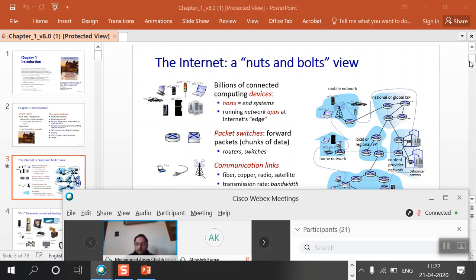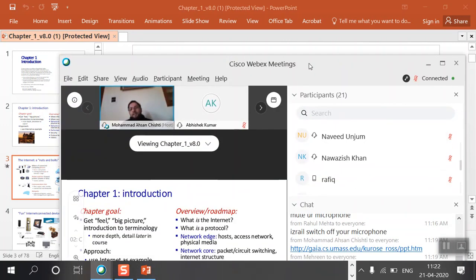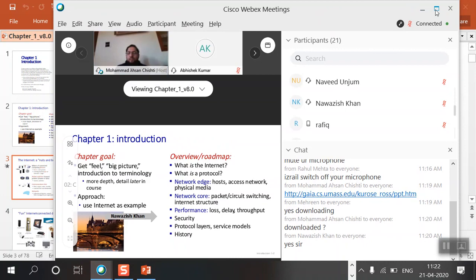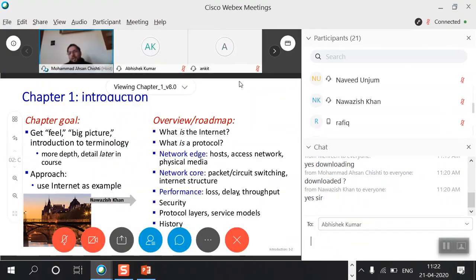For example, from my PC, I am connected to a hub, or let's say a small switch. From that switch, I am connected to a router. That router would connect me to the router of my internet service provider. Let's say in this case, it is BSNL.